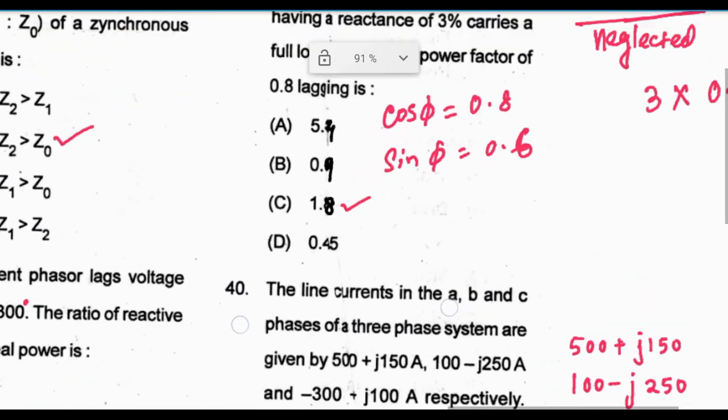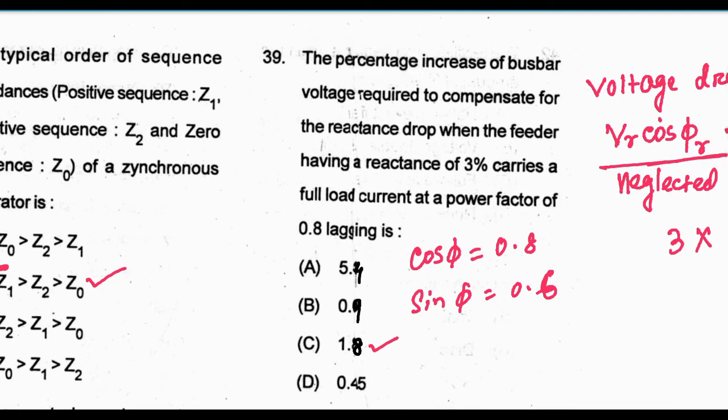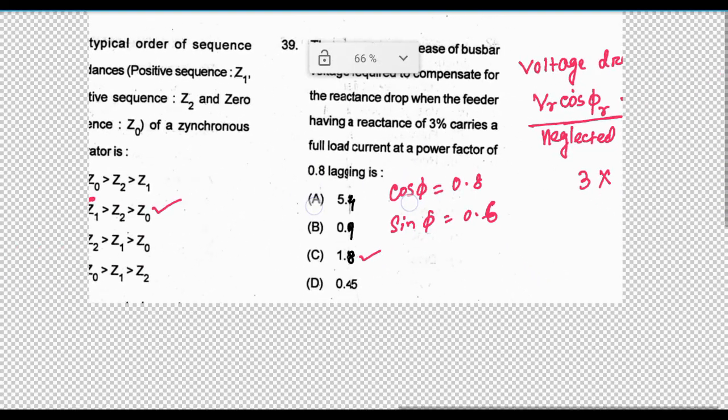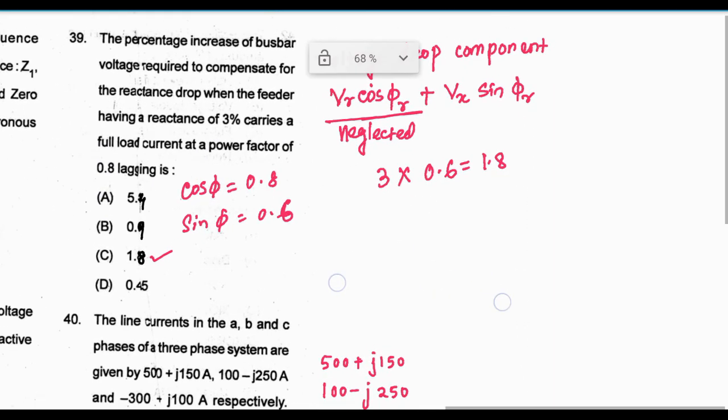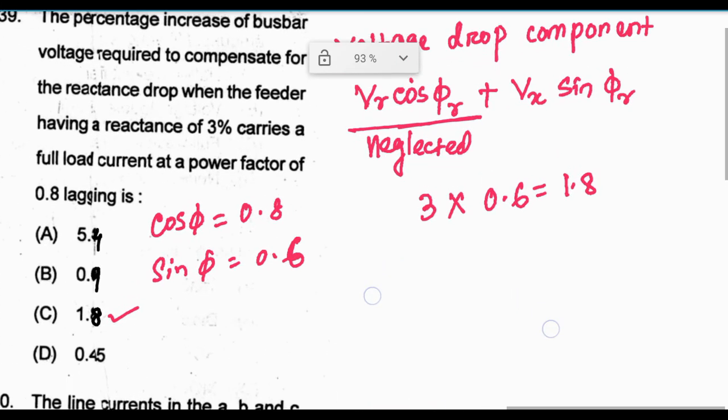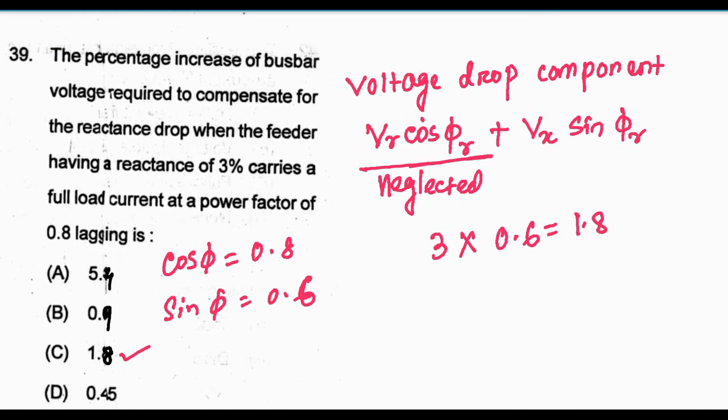Next is question number 39. What is given? The percentage increase of bus bar voltage required to compensate for reactance drop when the feeder having a reactance of 3% carries a full load current at a power factor of 0.8 lagging. So we have to find the bus bar voltage required to compensate the voltage drop. The voltage drop is given by VR cos phi r plus Vx sin phi r.